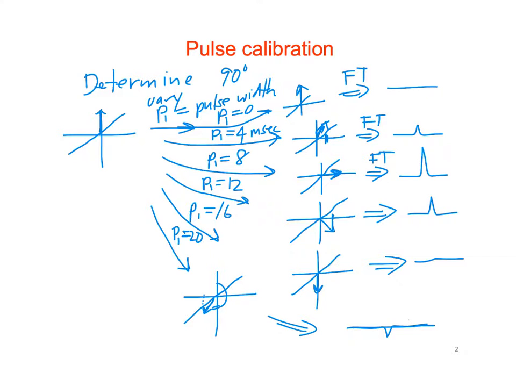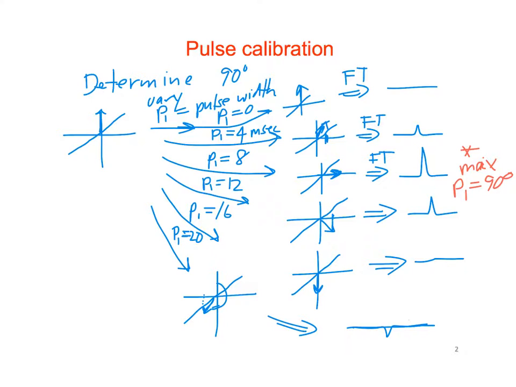Essentially this signal is going to oscillate from 0, get bigger, and the maximum signal would be here, where P1 actually equals the 90-degree pulse.